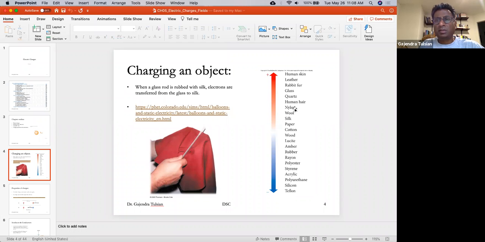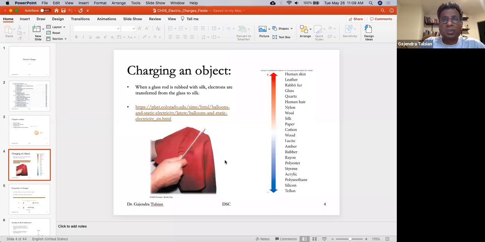Your hair will become positively charged, and the rubber balloon will become negatively charged. If you did this with Teflon versus glass, the charge buildup would be even greater. Teflon with rabbit fur would be quite a bit of charge as well, and Teflon against human skin.